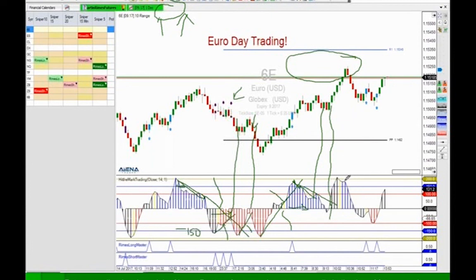Here's from 150. I got a bump. I'm sorry, I'm not good at drawing these lines. But there's my diagonal trend line break, and of course there's our arrow. Take the trade.